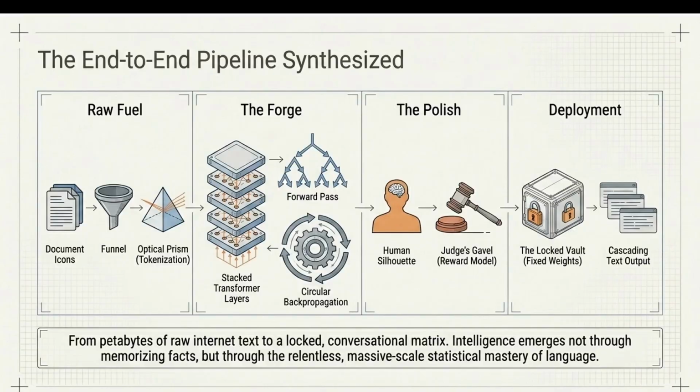Okay, now let's go over what we have learned again. The first one is raw fuel, which is the data, where the data will be collected and processed. Next is the forge, where we build the architecture and where the pre-training happens. Next is the polish, where based on the reward model, it will be enhanced.